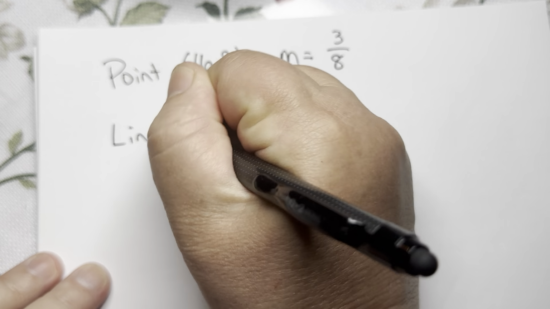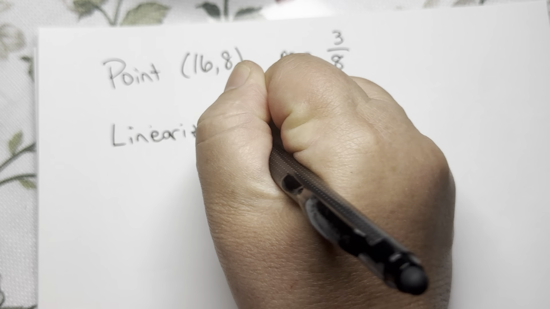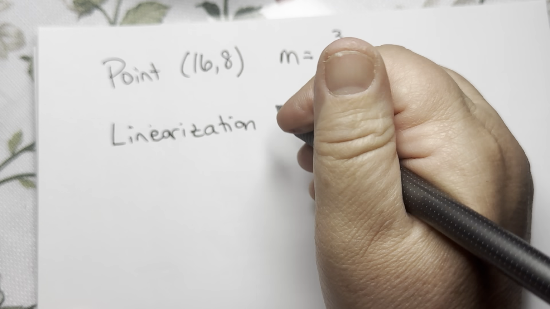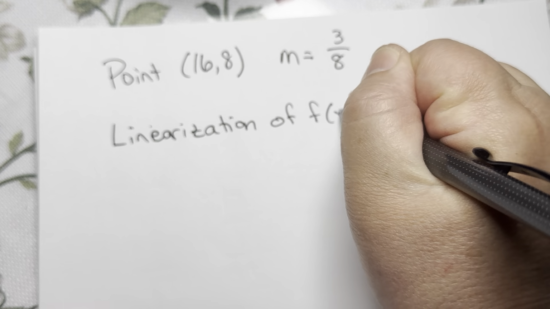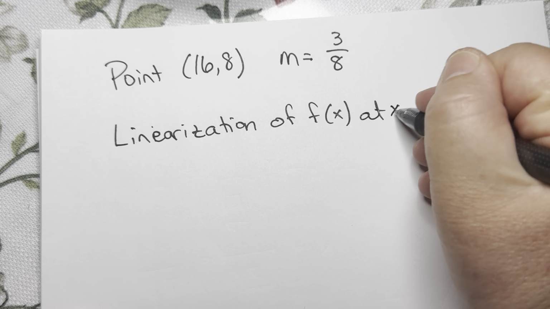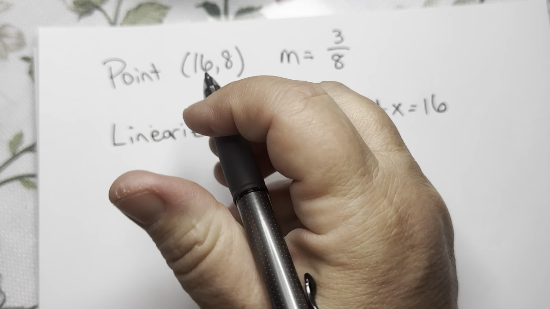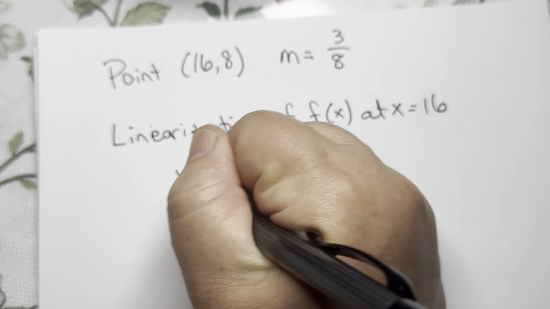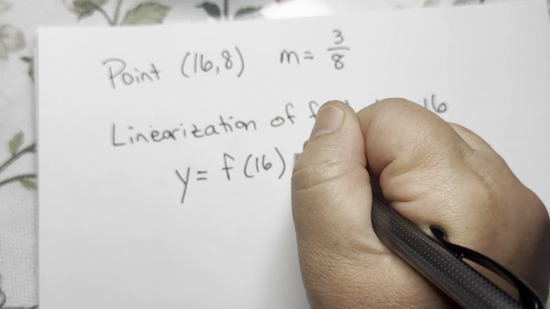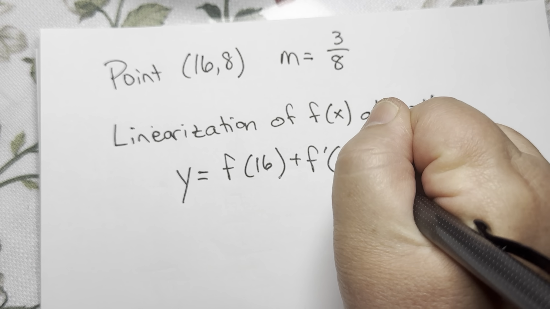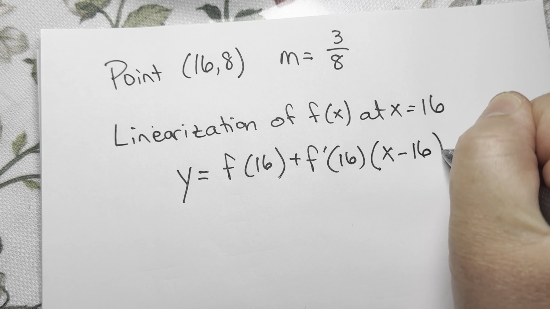So the linearization of f of x at x equals 16 is going to be y equals f of 16 plus f prime at 16 times x minus 16.